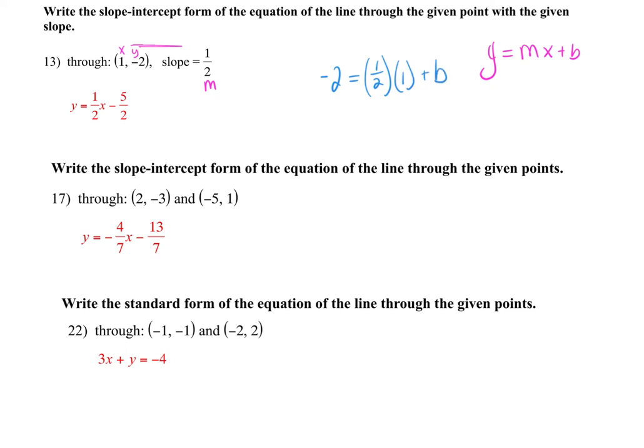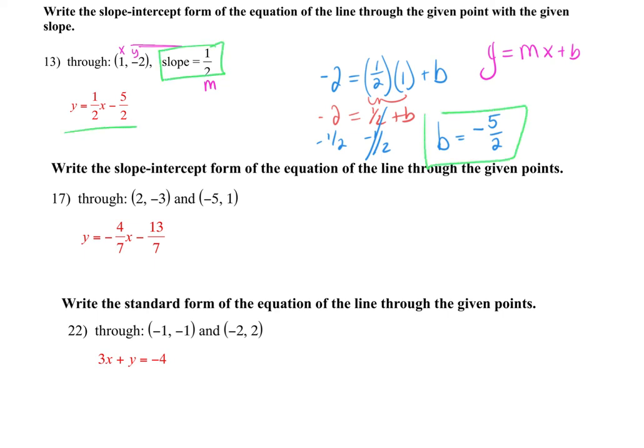Solve for your b. So you are going to multiply negative 2 and 1/2, and then you are going to subtract your 1/2. So your b equals negative 5/2. Once you have your m, which was given to you, and your b, which you solved for, you need to put it back into your y equals mx plus b format, only filling in your m and your b.